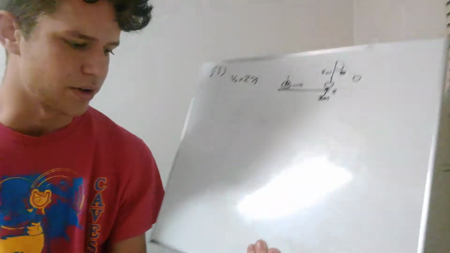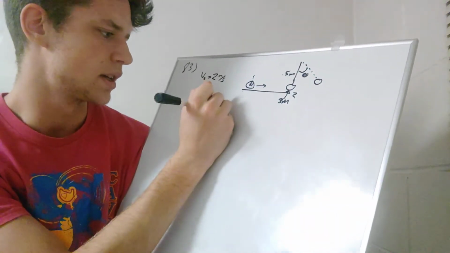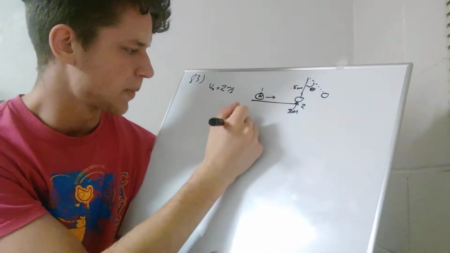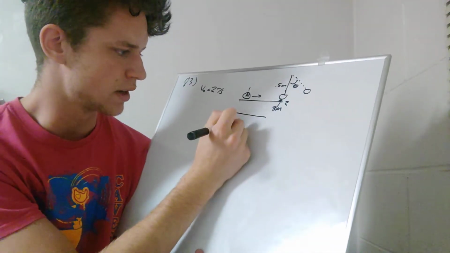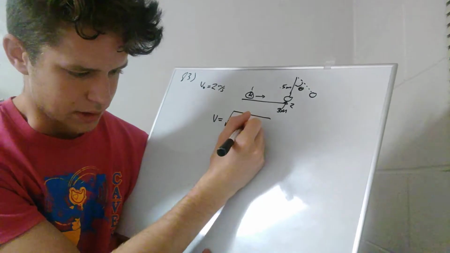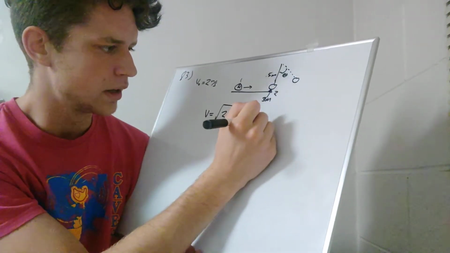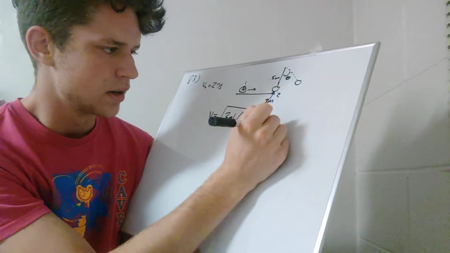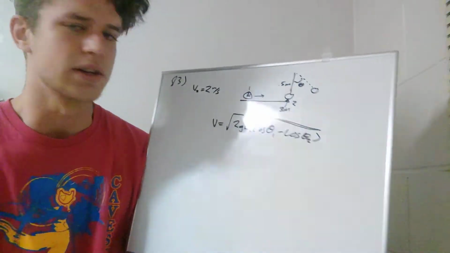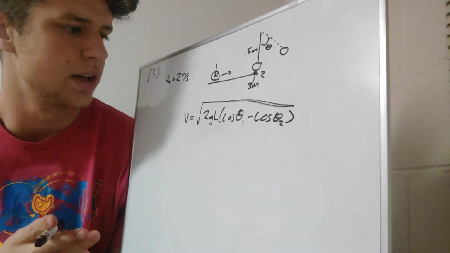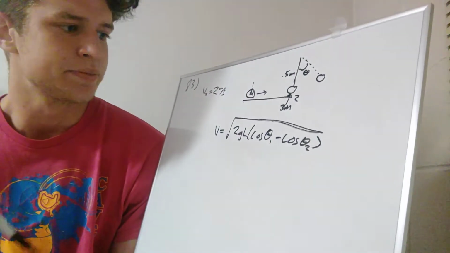And then once we have that, we can go ahead and use a second equation here, where velocity is equal to the square root of 2 times gravity times length times cosine of theta 1 minus cosine of theta 2. And this is an equation for velocity of a pendulum between 2 different points, or 2 different angles.